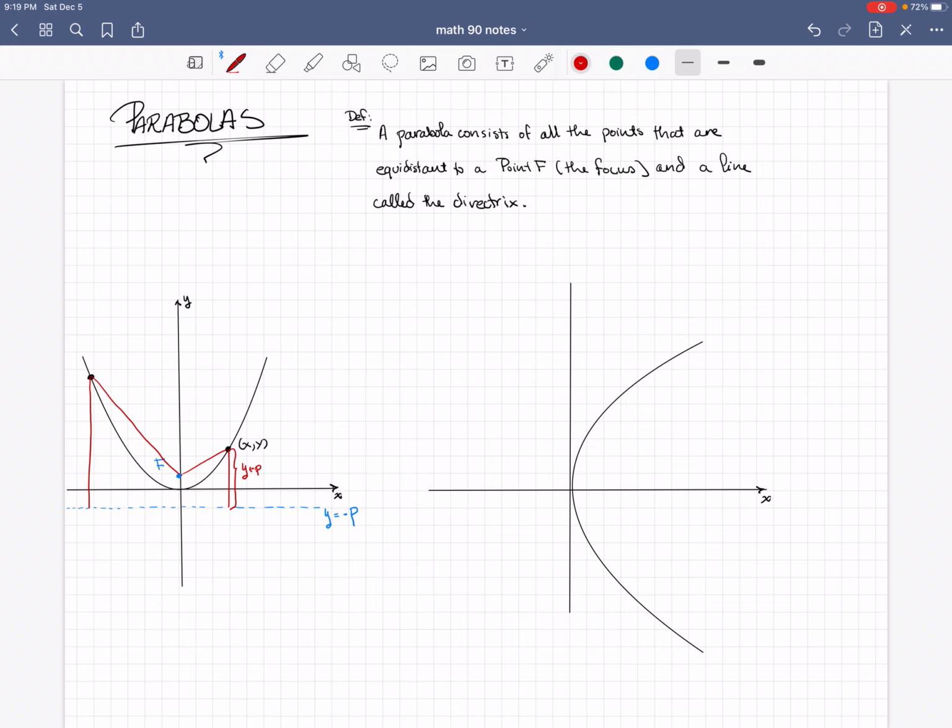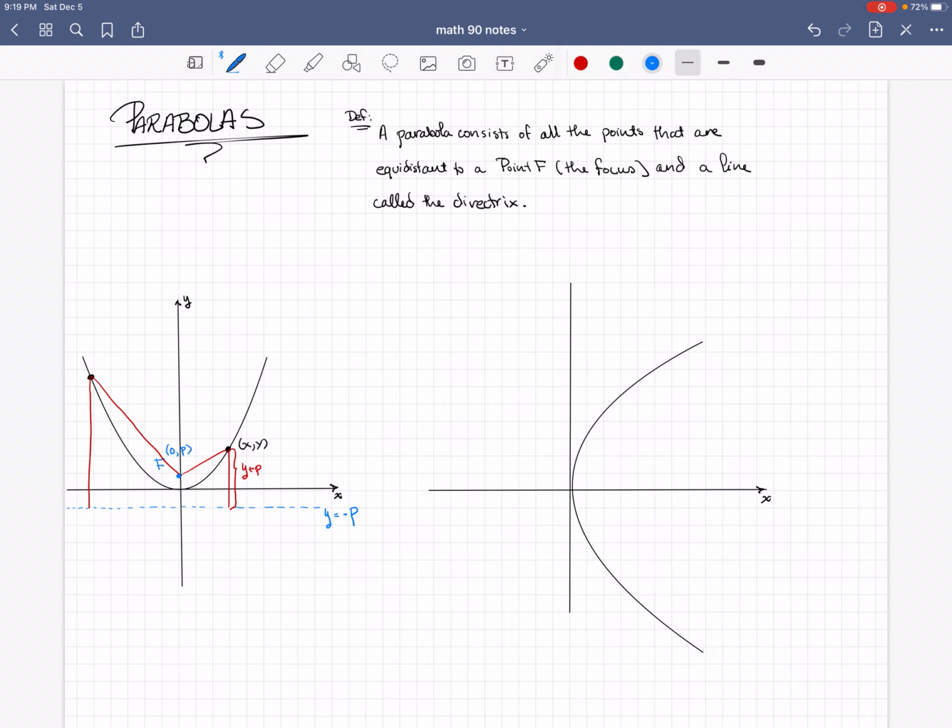Now let's think about the distance to the focus. If the equation of the directrix is y equals negative p, then the focus is the point (0, p).